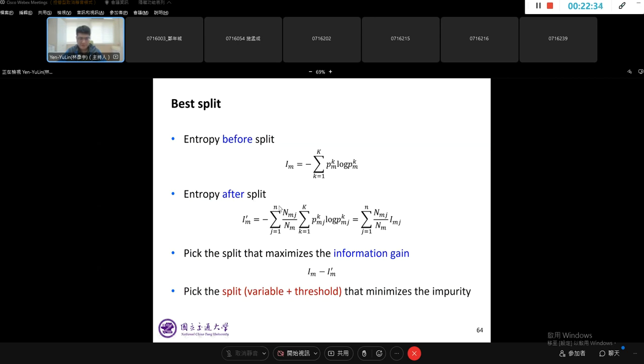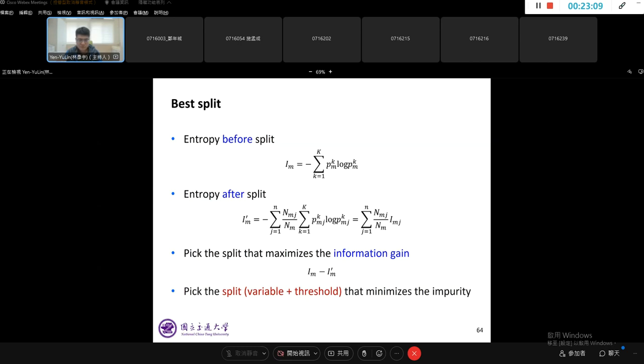There are n branches. So this is the value. This is the definition of entropy after split. It is a weighted combination of entropies of individual branches. So this term is used to indicate the entropy before split, or the degree of impurity before split. And this term is the impurity after split.